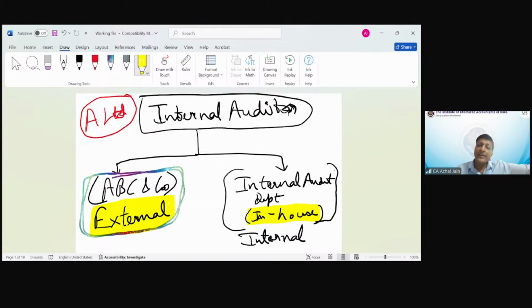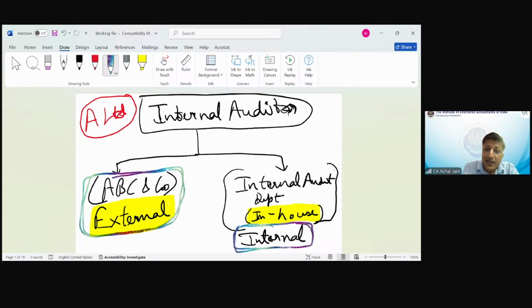He may be reporting directly to the audit committee, but still the independence may become slightly challenging. So this sort of overlap as far as independence is concerned is something which becomes all the more important to be looked at in case of an in-house internal auditor.